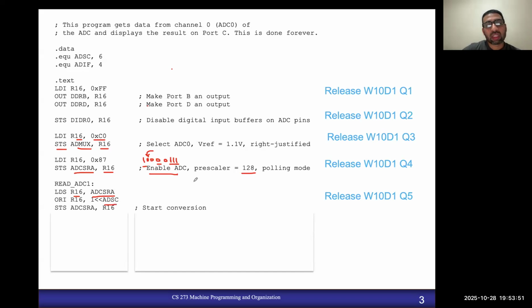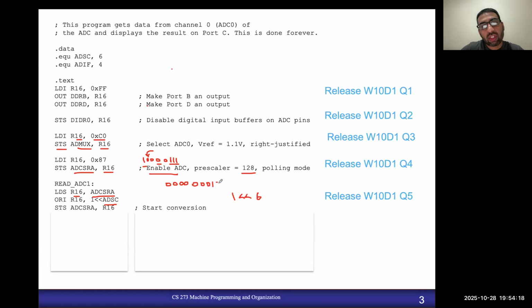It is 6. So I'm first saying shift 1 towards the left 6 times, right? What is the 8-bit binary of 1? It is 0, 0, 0, 0, 0, 0, 0, and 1, right? This is the 8-bit binary of 1.